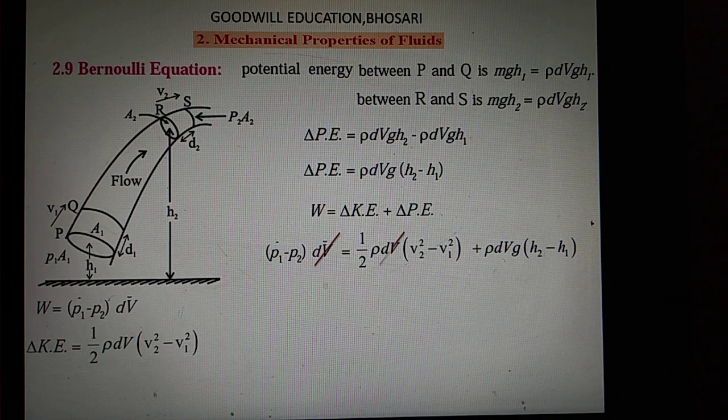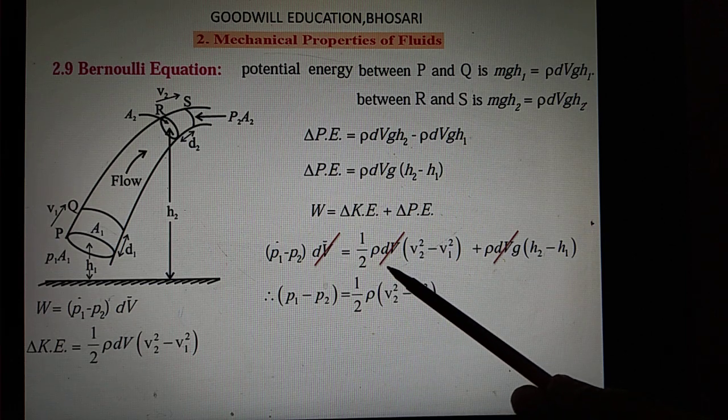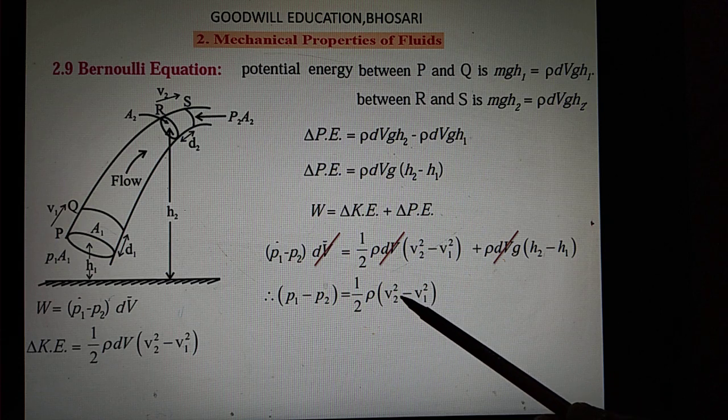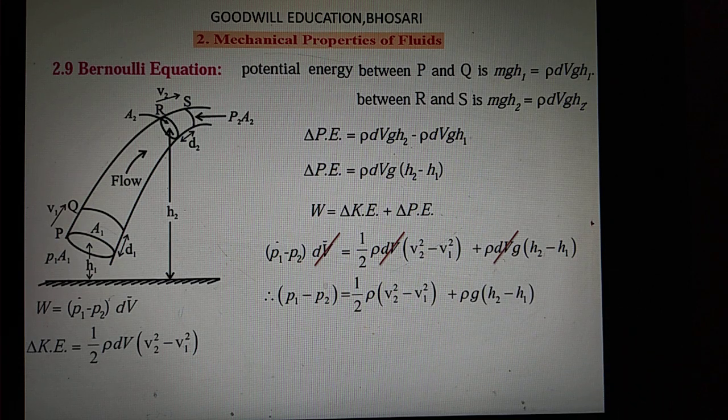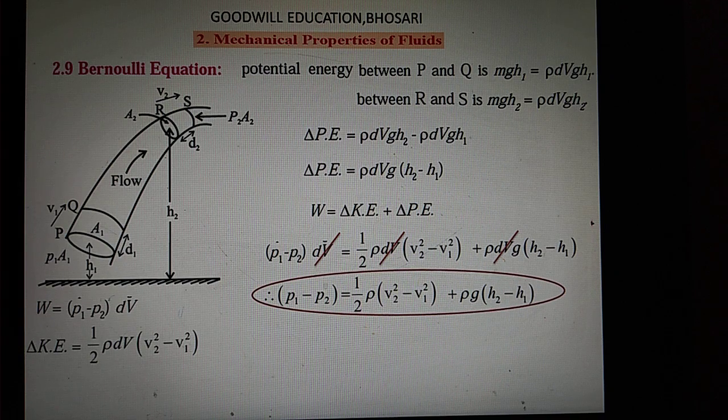So dV gets cancelled out here, correct? So P1 minus P2 is equal to half of rho, a constant, take it outside, V2 square minus V1 square, plus rho g into H2 minus H1, and this is the equation known as Bernoulli's equation.